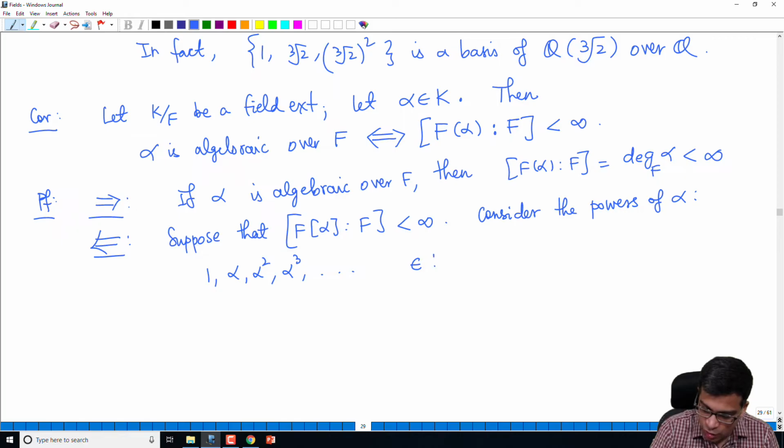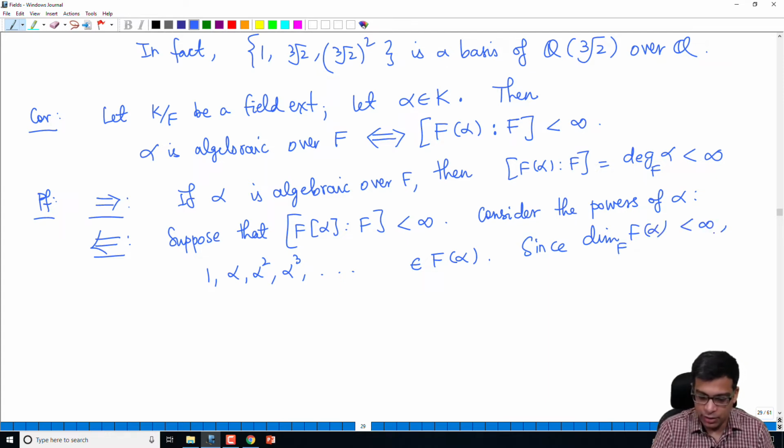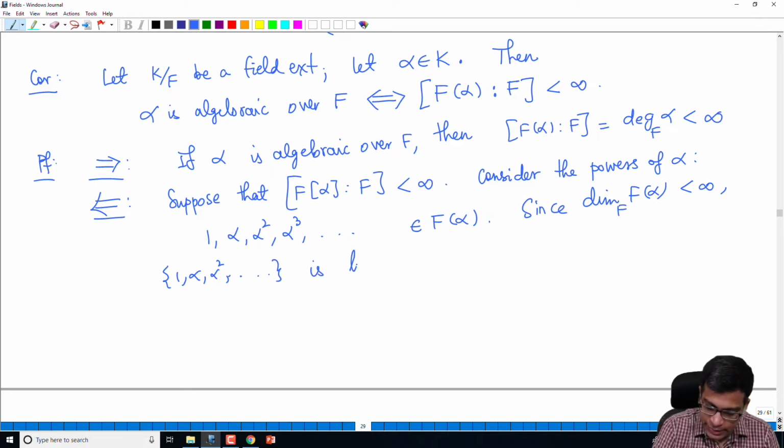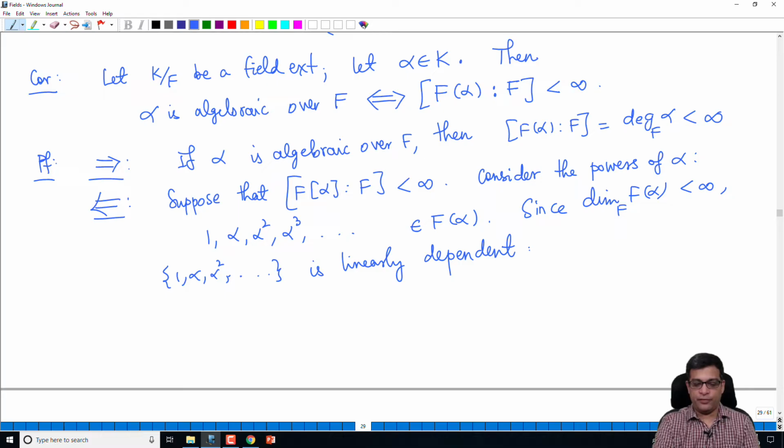These are all in F(alpha). Since the dimension of F(alpha) as an F vector space is finite, this set is linearly dependent, because you have an infinite set in a finite dimensional vector space.